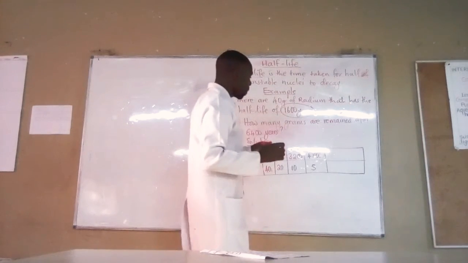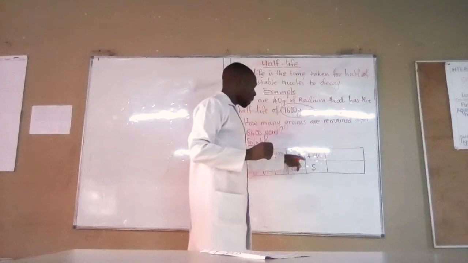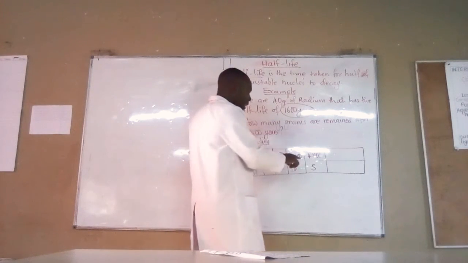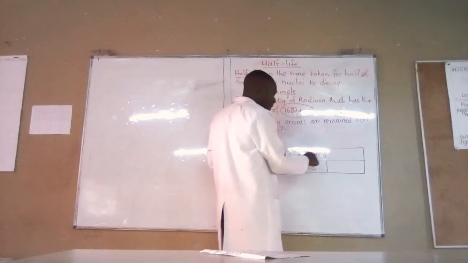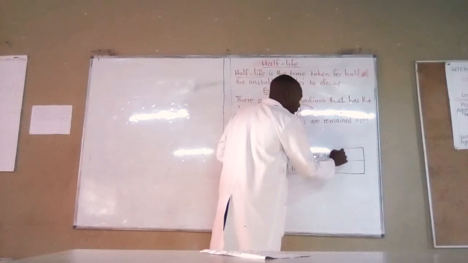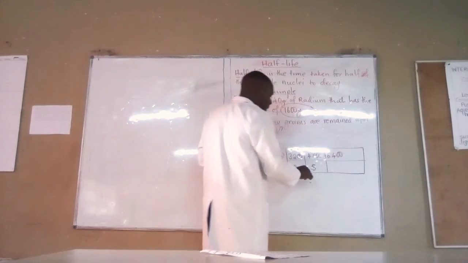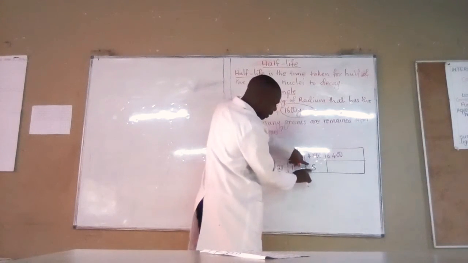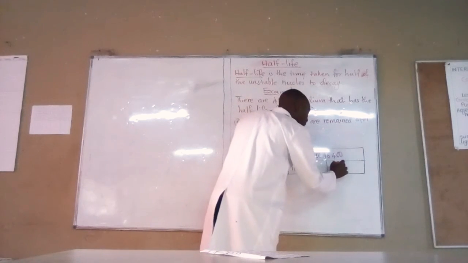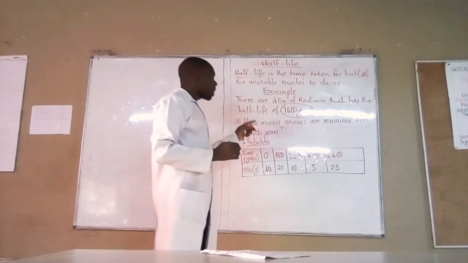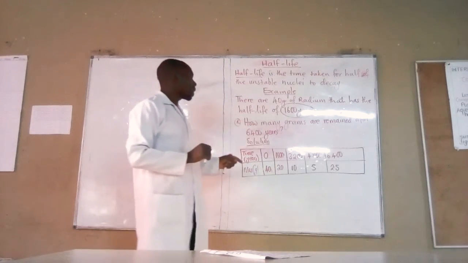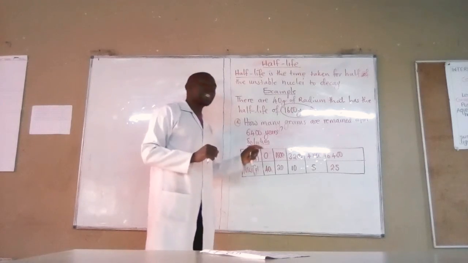Now again, 4,800 years plus 1600, the answer is 6,400 years. And then half of 5 is 2.5 grams. The question says, how many grams remained after 6,400 years?